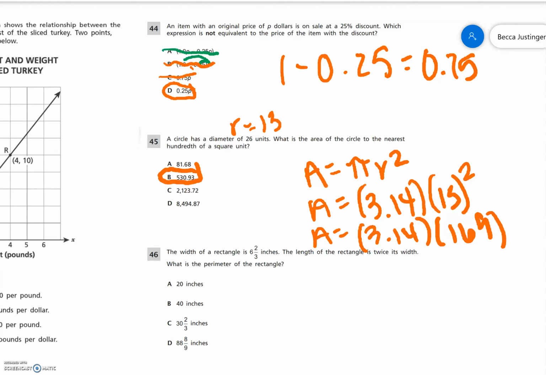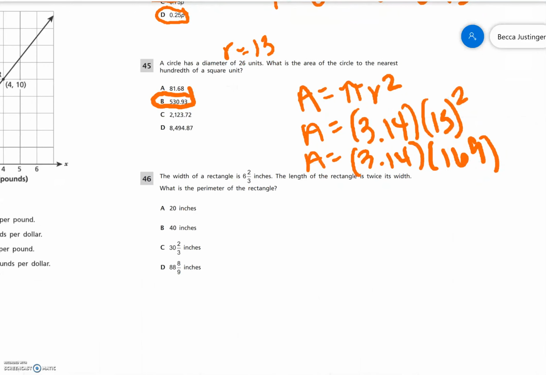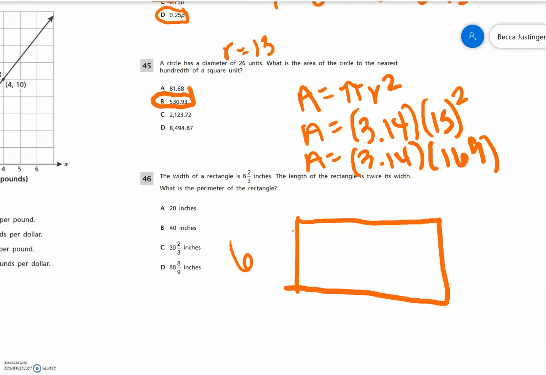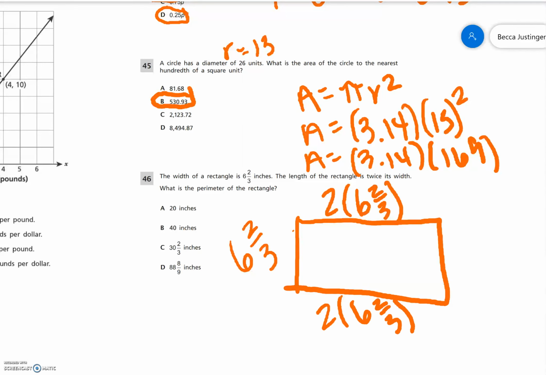Okay, the width of a rectangle is 6 2/3 inches. The length of the rectangle is twice its width. What is the perimeter? So here's our rectangle, they tell us the width is 6 2/3. They tell us the length is 2 times that. Perimeter, we have to add them all up together.